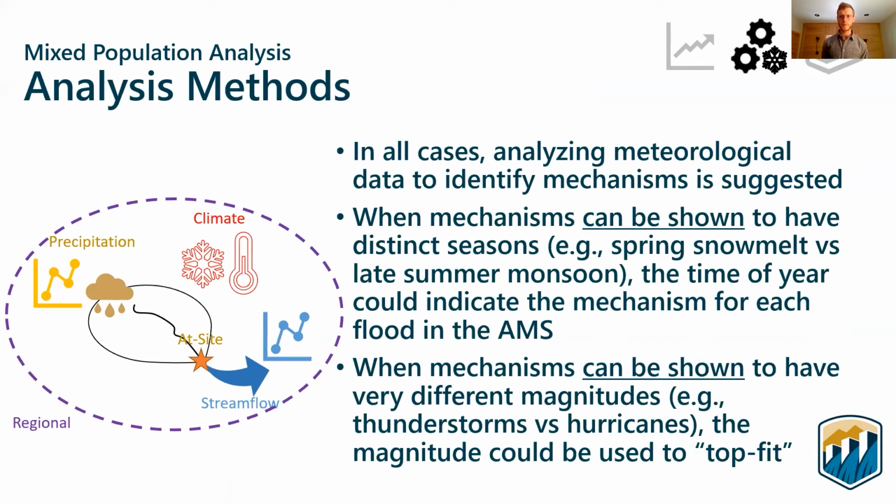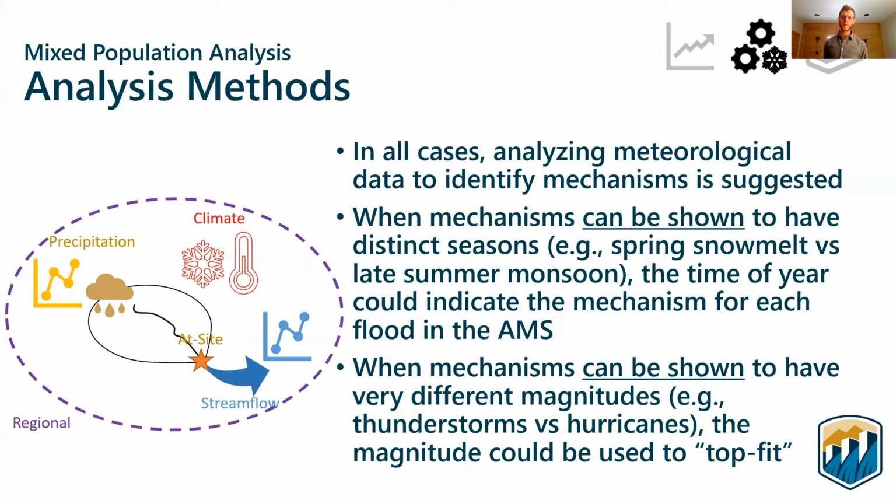For instance, if you have snowmelt floods, but your other mechanism is late summer monsoon, there's a few months between those, and you could just identify the two populations depending on when they occur.